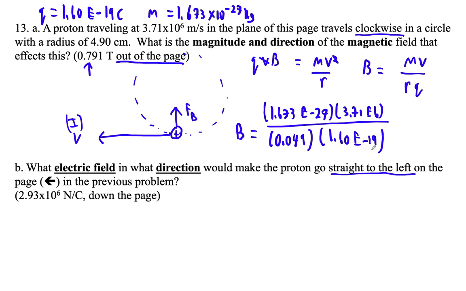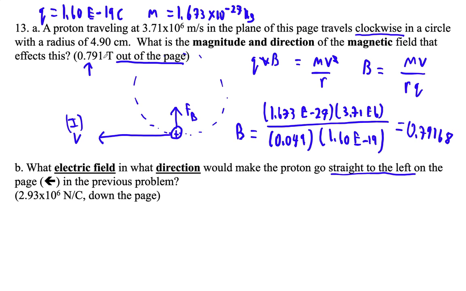Okay, I think I can do that. 1.673 E minus 27 times 3.71 E6 divided by 0.049 divided by 1.6 E minus 19. And I get 0.79168.